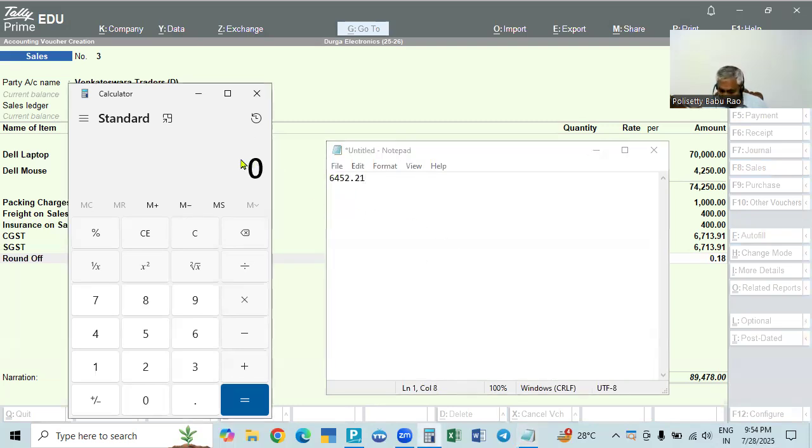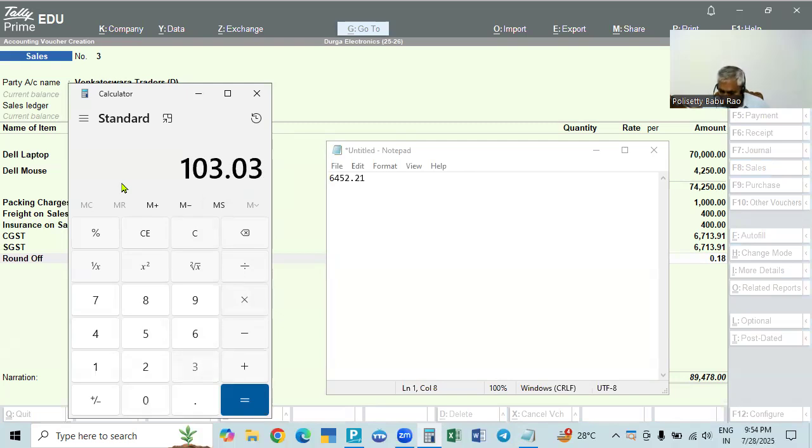Again, we will take 1,800 rupees divided by 74,250, into 4,250. It will be 103.03. I'll tell you again, 1,800 divided by 74,250 into 4,250, so 103.03.